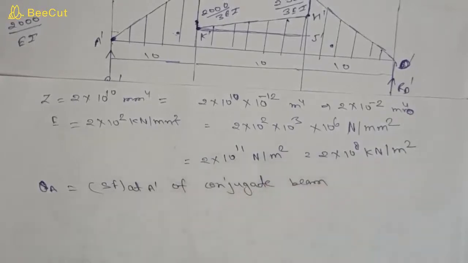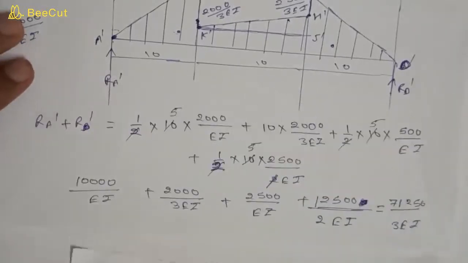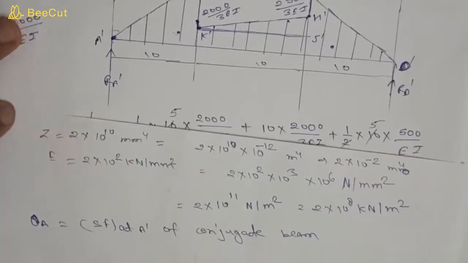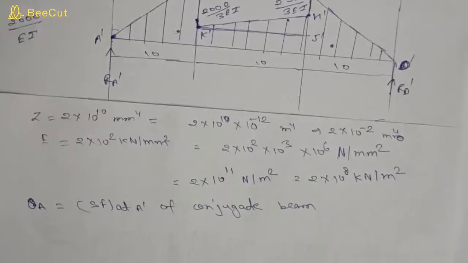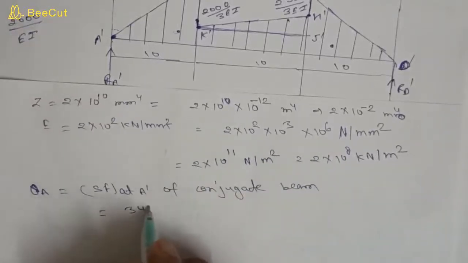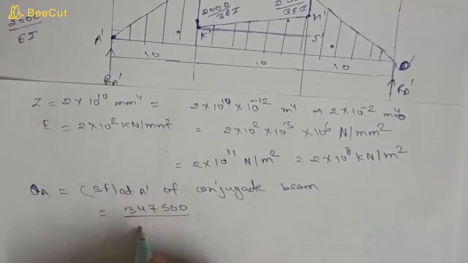So we have found the value of RA dash is equal to 347,500 upon 27 EI.